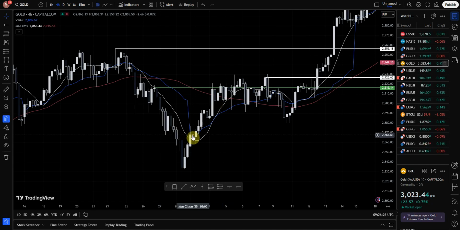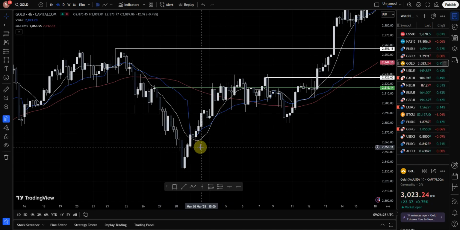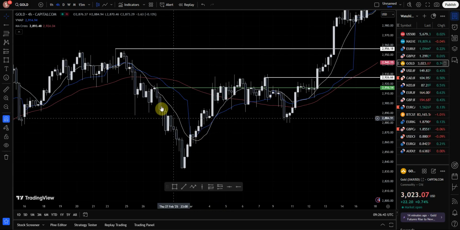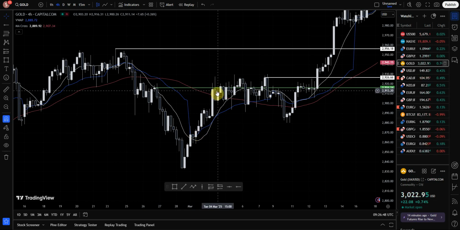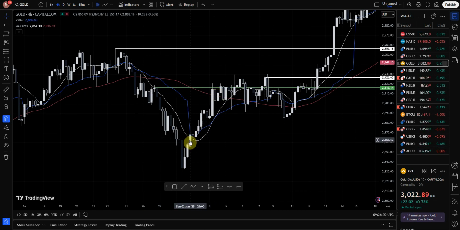So what happens is, depending on where the 10 moving average is, for this trade to actually qualify as an anti-trend trade, the VWAP and the 10 moving average should be facing the same direction. You get me?